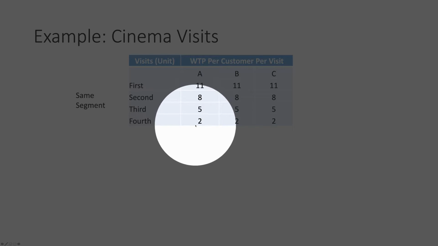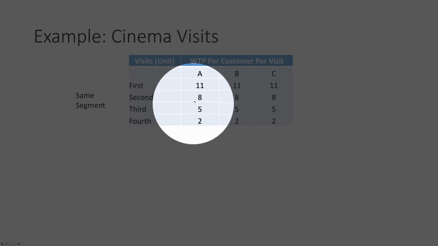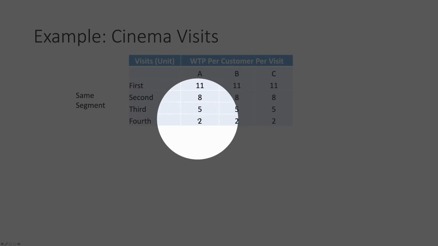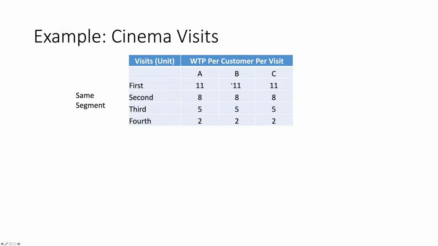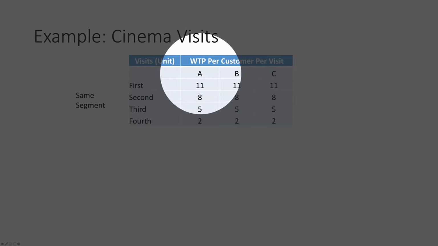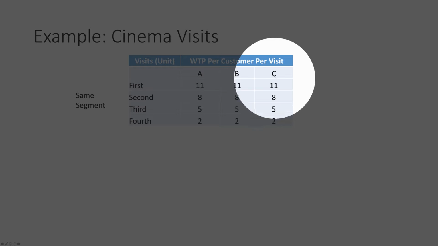So in the usual month, you may have one movie that you really want to see, and when you visit the theater more often, you start to see movies that you are less interested in, so your willingness to pay goes down. In this example, we have 3 segments: segment A, segment B, and segment C.